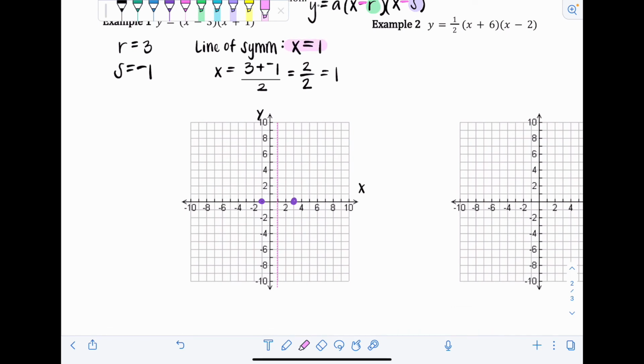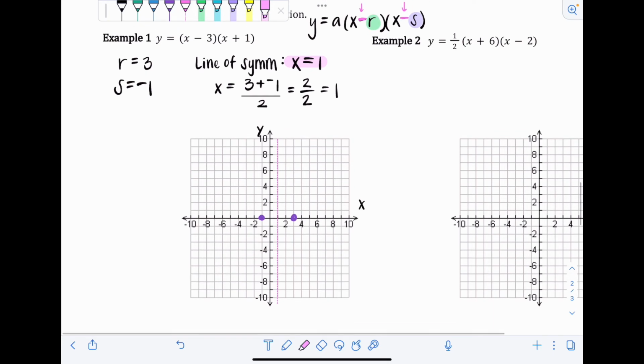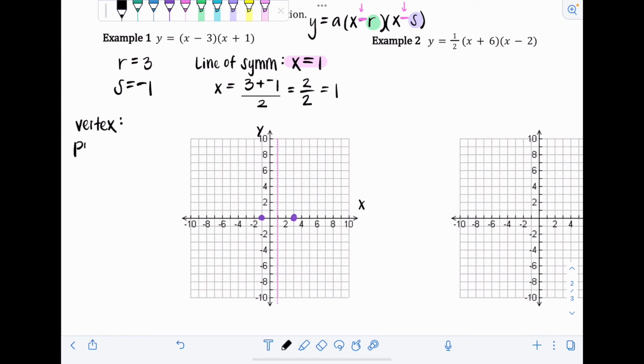So to find the y value for the vertex, I just have to put x equals 1 into the equation. So for the vertex, you put, I'm going to shorten line of symmetry into LOS, into the equation.